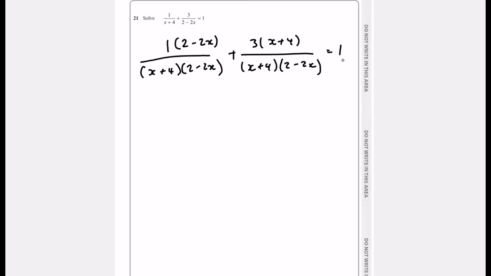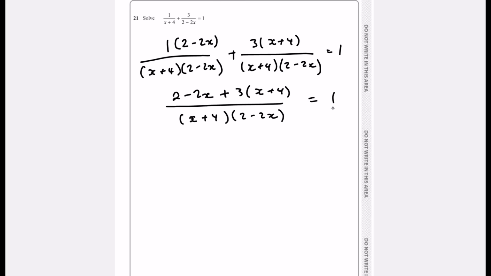So now I've got two fractions I can add together. They've got the same denominator. They're both x plus 4 times 2 minus 2x. So I can write it as 2 minus 2x plus 3 times x plus 4 equals 1.